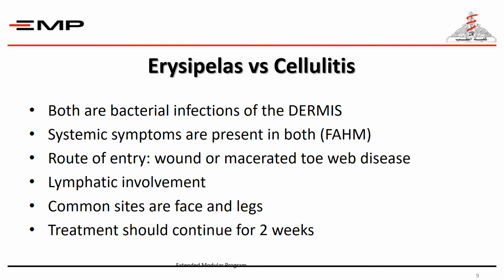The route of entry in both conditions is usually a wound or macerated toe web. There is lymphatic involvement, both of the small lymphatics within the dermis and lymphangitis with lymphadenitis. The common sites for infections are the face and legs, and treatment should continue for both conditions for 2 weeks.